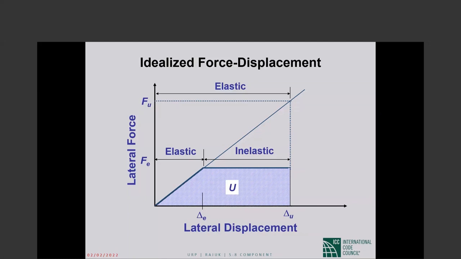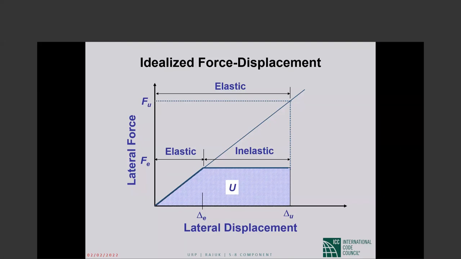That would compromise life safety. Okay, so the way we say it is that the inelastic deformations will have to be within the inelastic deformation capacity of the structure.